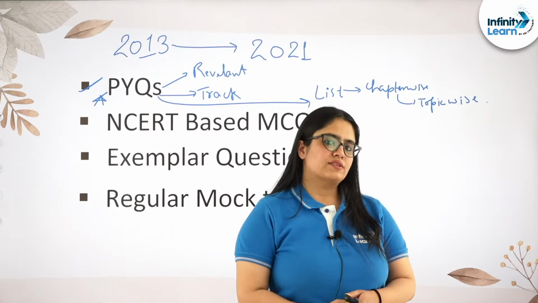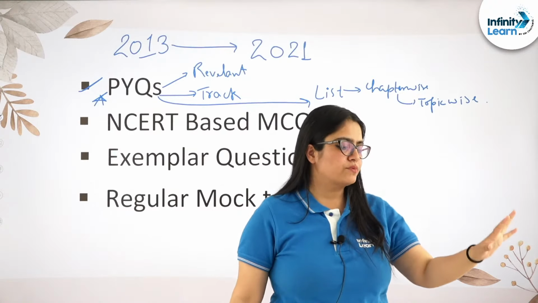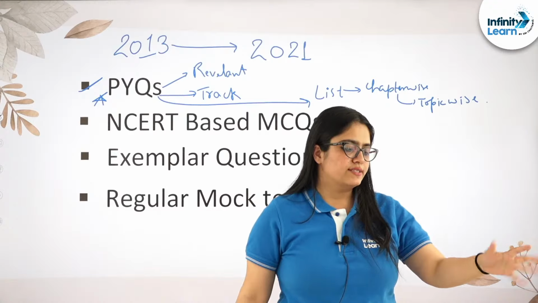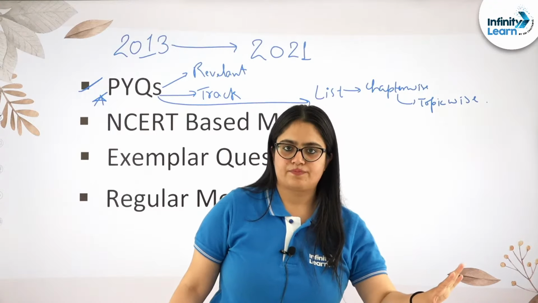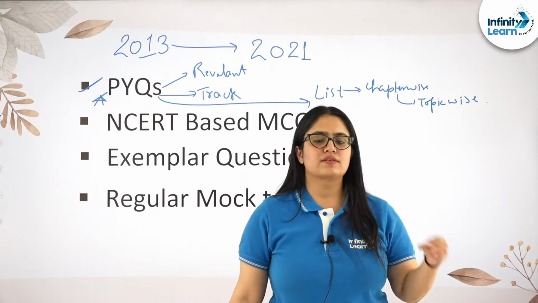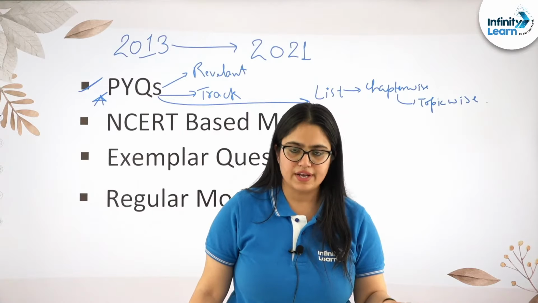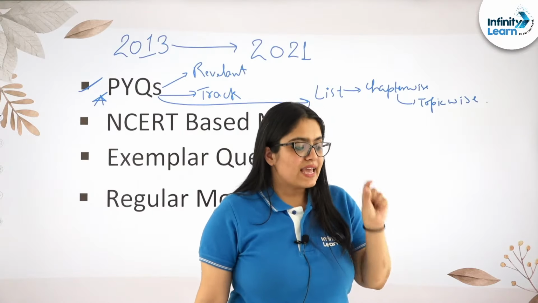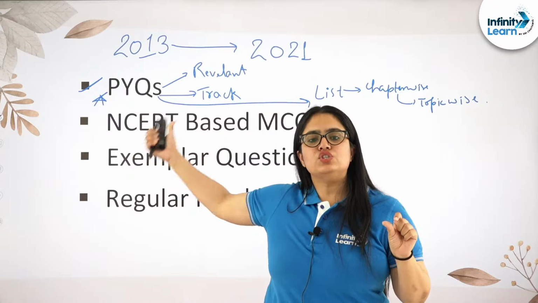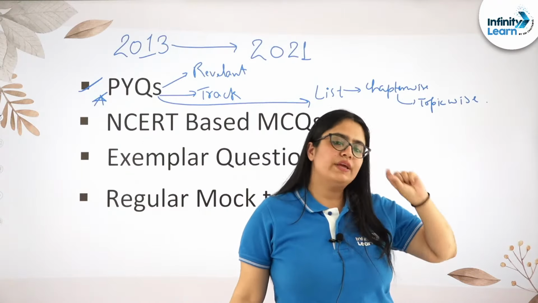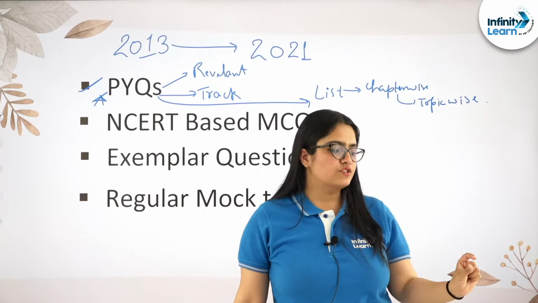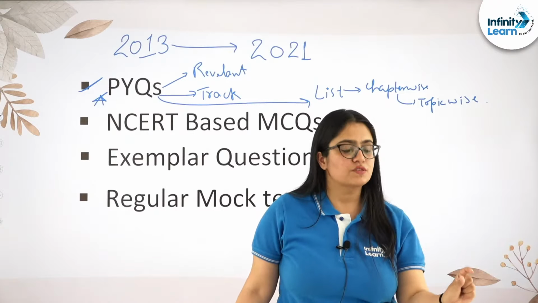When you are practicing a chapter, let me take an example like cell, the unit of life, right? You need to know how many questions NTA asked from 2013 to 2021 from each topic.